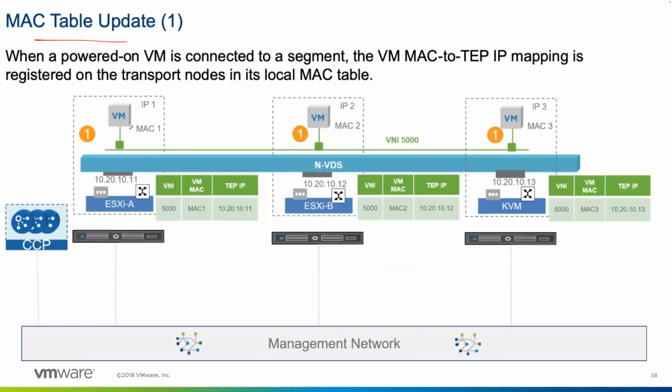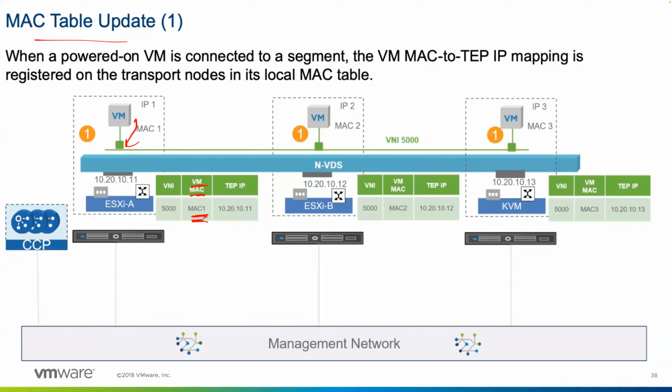The same thing happens when a new VM comes in: the ESXi host, or hypervisor, I should say, is able to see all the MAC addresses. It sees this VM's MAC address, which is MAC address 1.